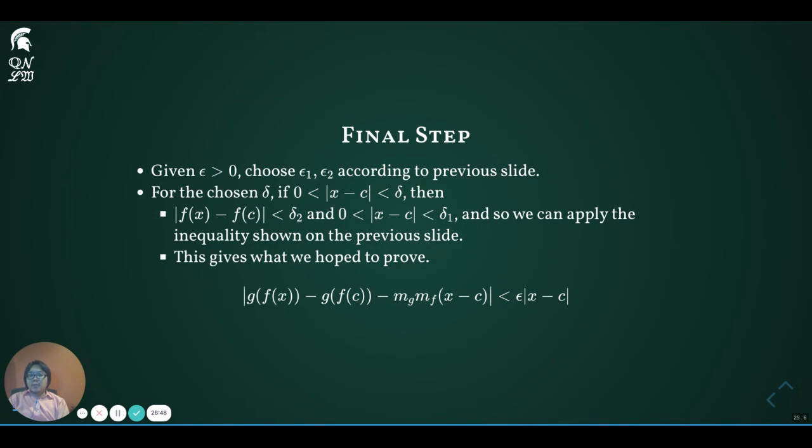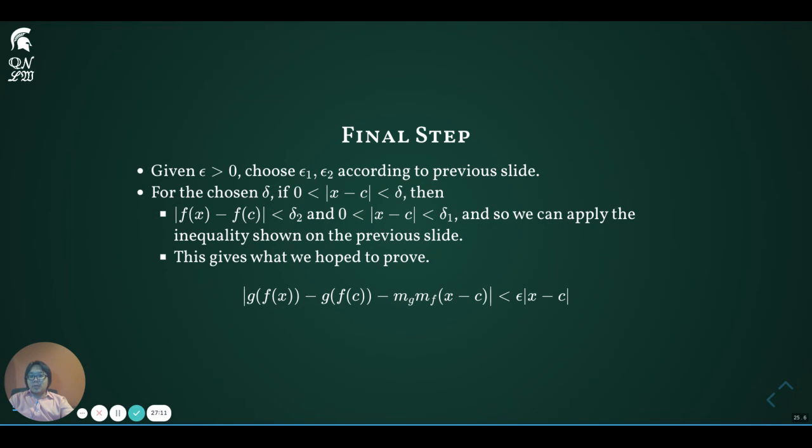So with this choice, the differentiability gives us some δ1 and δ2, which have some implications we talked about on steps 1 and 2. But the upshot is that if we choose δ in accordance to the previous slide, we find that this guarantees both |f(x) − f(c)| is less than δ2, and that |x − c| is less than δ1.